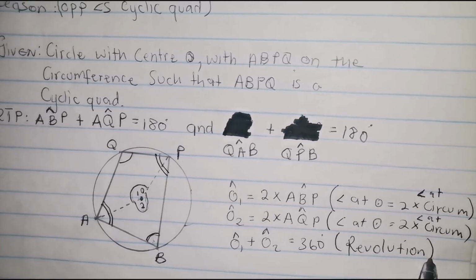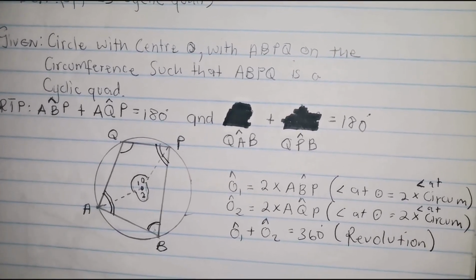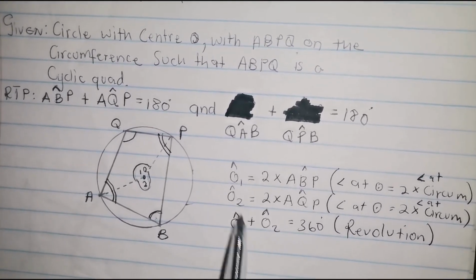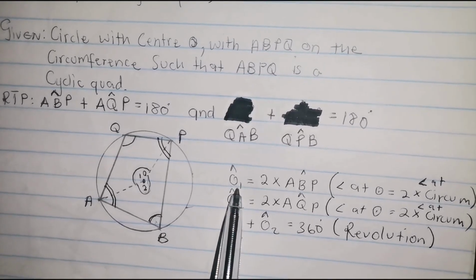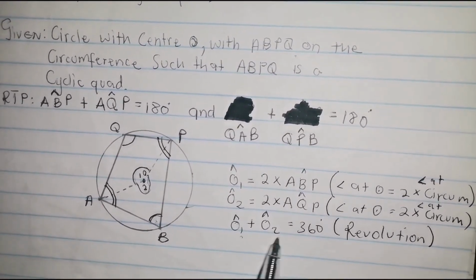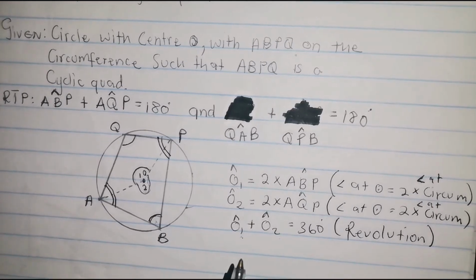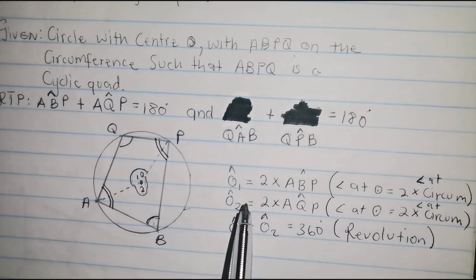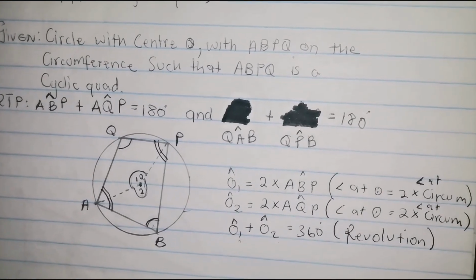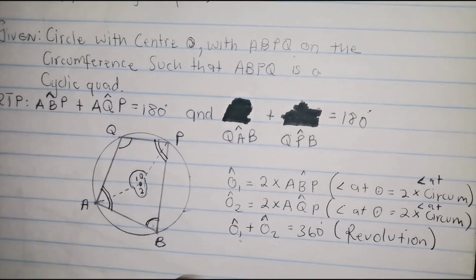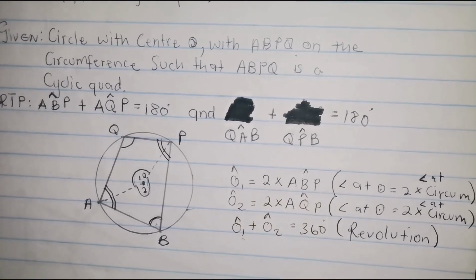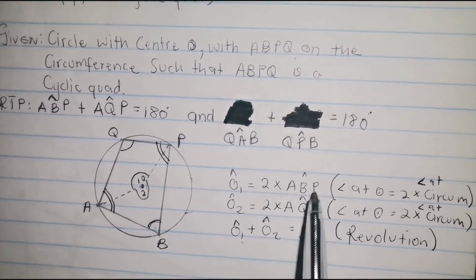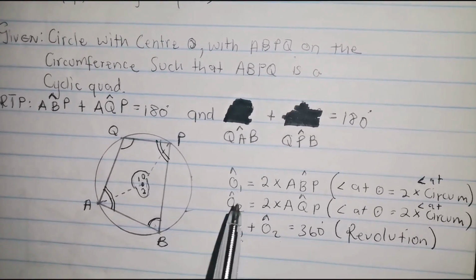Then, mathematically speaking, this O1 is the same as this O1, and this O2 is the same as this O2. So wherever I see O1, I put in the value that equals O1.